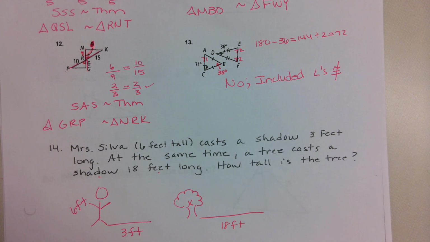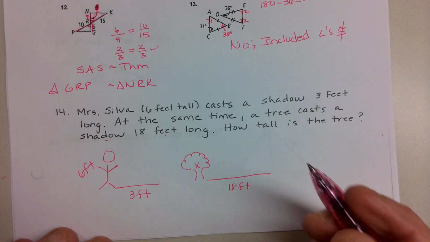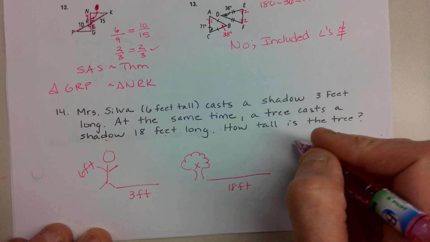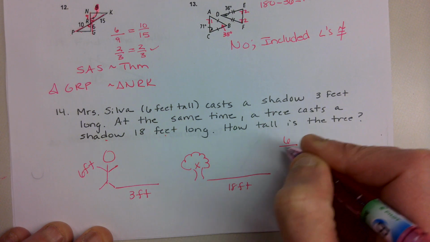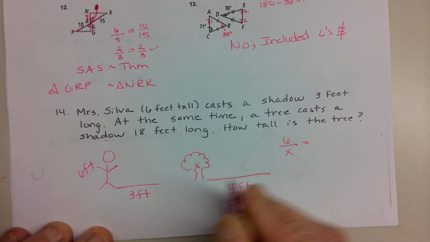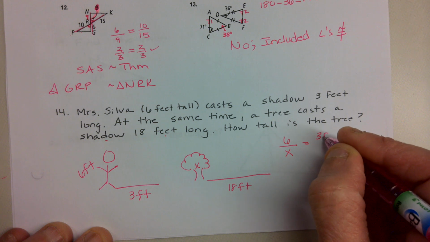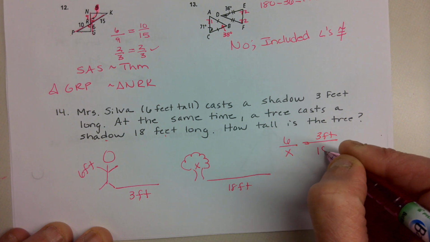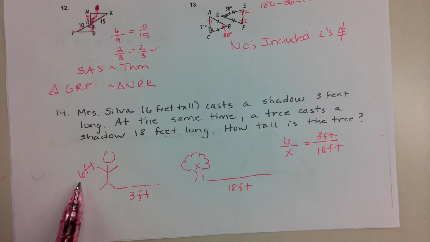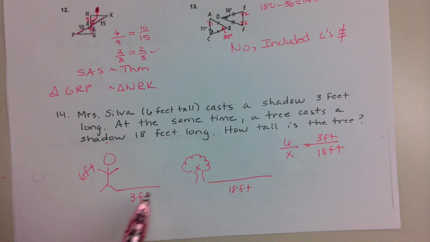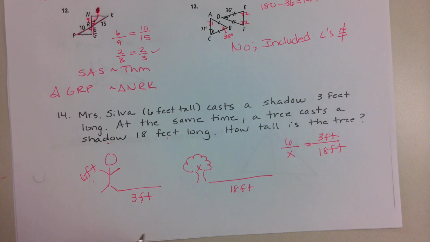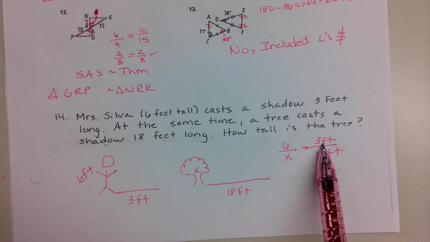That's my x. So I've got a proportion. You can do Mrs. Silva's height over the tree height is equal to shadow height over tree shadow. Or you could have done my height over my shadow, tree height over tree shadow. What you are basically looking for, if you have a proportion here and want to see if you set it up right, is whether the x and the 3 are across from each other.